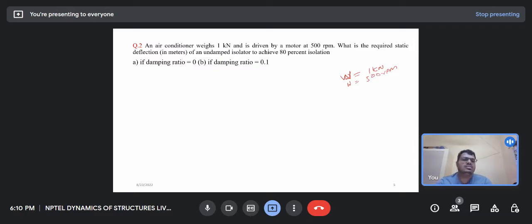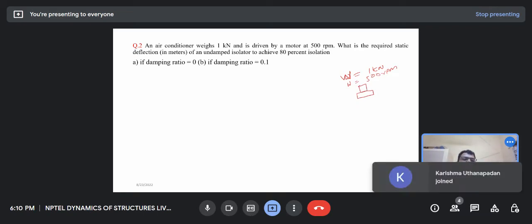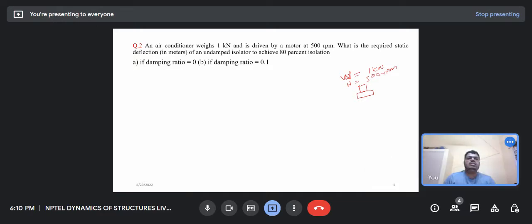The air conditioner is attached to some isolator pads, and the isolator reduces the response by 80%. So you have to calculate the static deflection of the isolator for two cases: if the damping ratio is 0 or the damping ratio is 0.1.